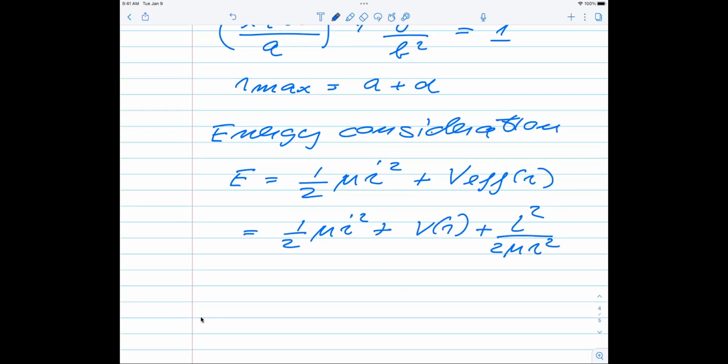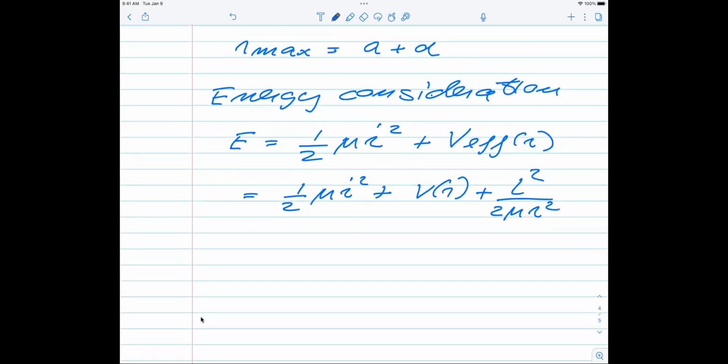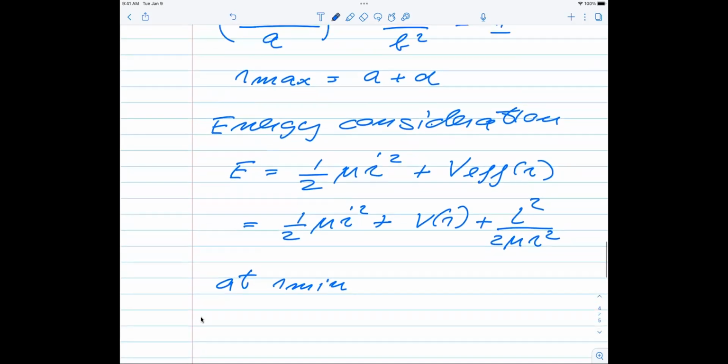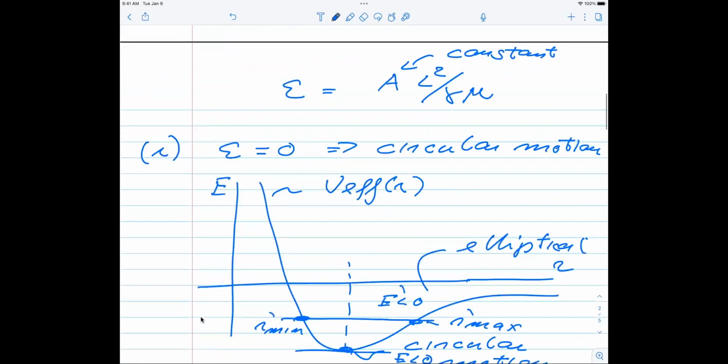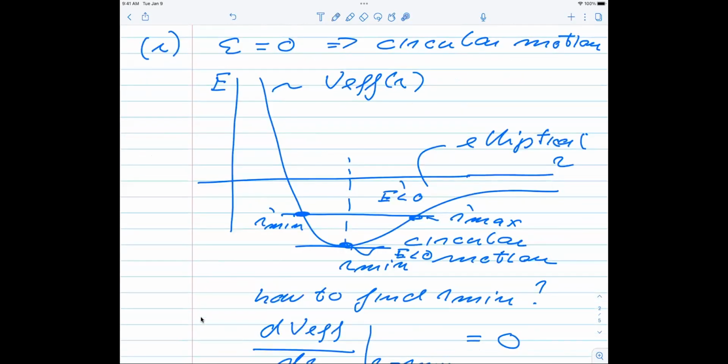Now we're going to make an assumption, that at r min, so it's a little bit like what we did in the first midterm, where we now assume that at this position r min, that means here, we can assume that the radial velocity is equal to 0.